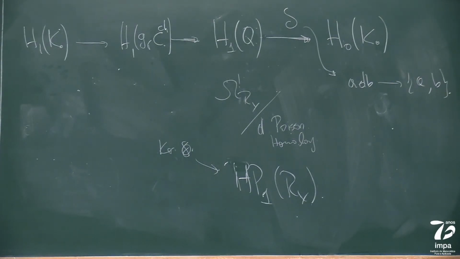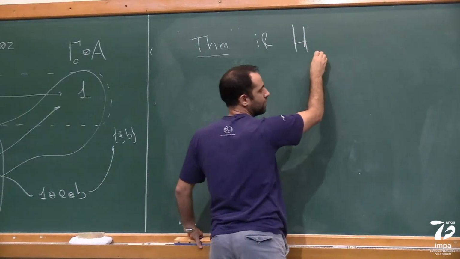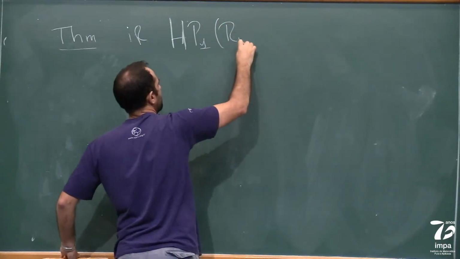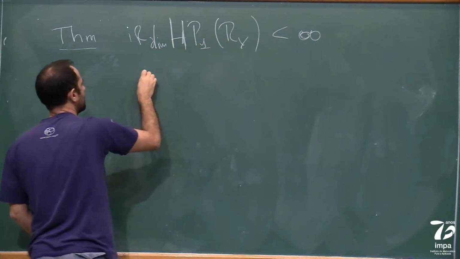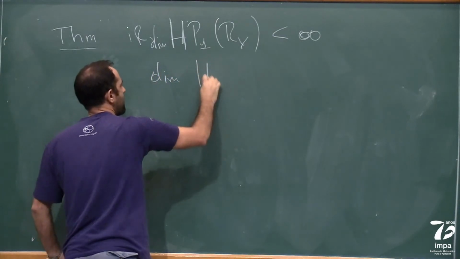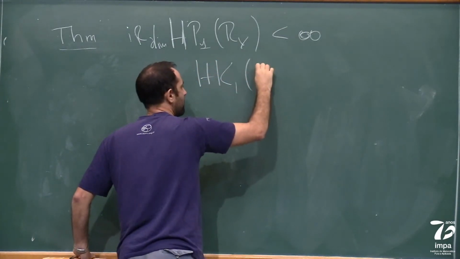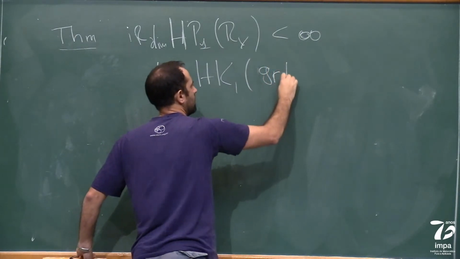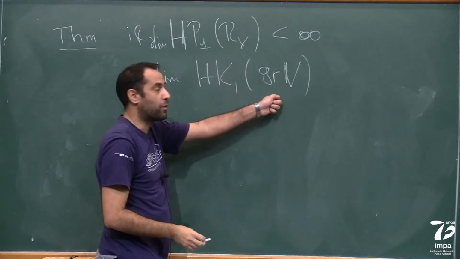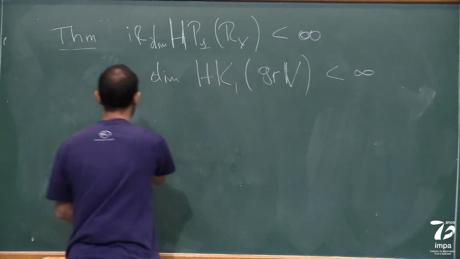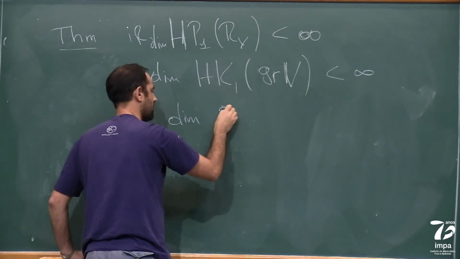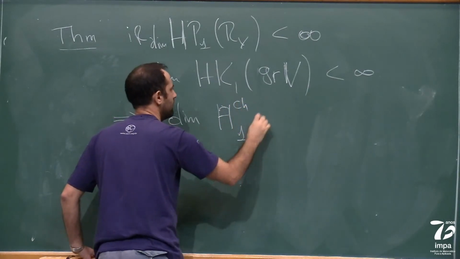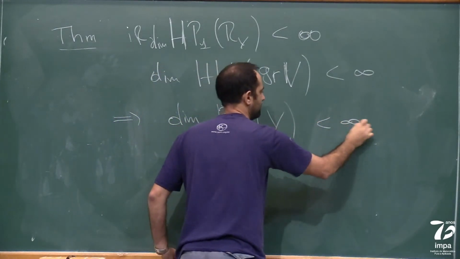The theorem is that if HP1 of RV is finite dimensional and the dimension of HK1 of the associated graded of V, so this is A, the Poisson vertex algebra, is finite dimensional, then chiral homology H chiral 1 of V is finite dimensional.